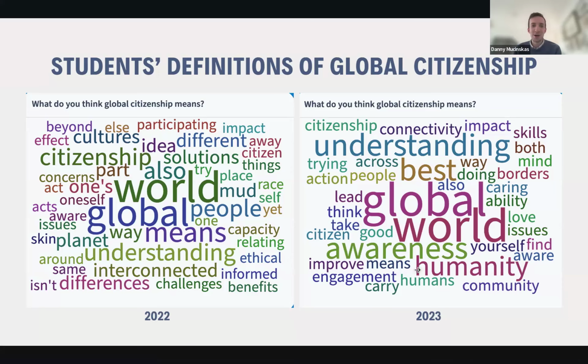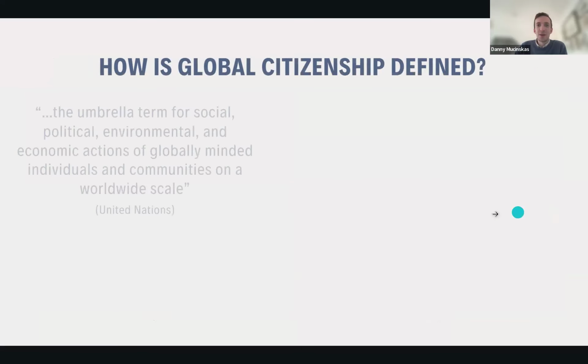You can see here, unsurprisingly, the words global and world are really prevalent across the data set from 2022 and 2023. You can see understanding is really big, humanity in 2023. So this sense of bringing people together, awareness, so a knowledge of particular issues, perhaps, interconnected differences. It's interesting to see some of the threads that bubble to the surface here for these learners who were part of this community that we worked with and researched.